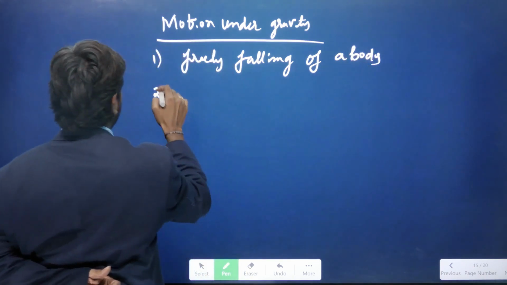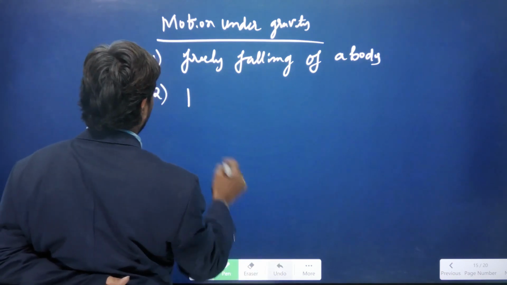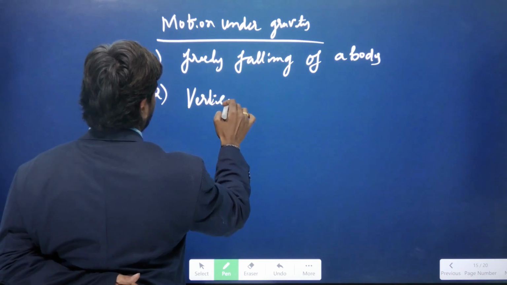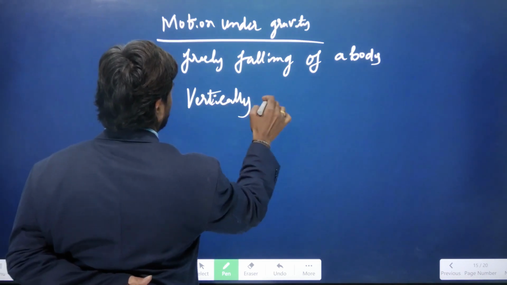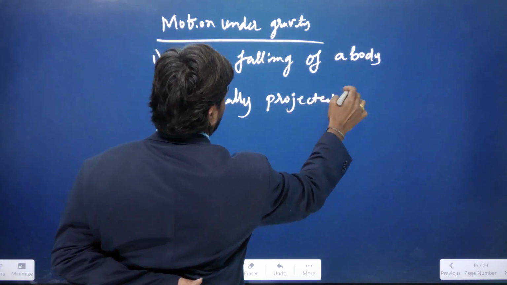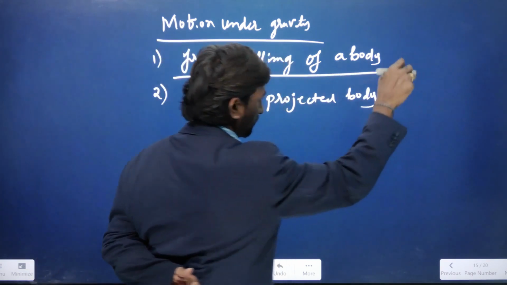And the second one is the vertically projected body. Freely falling means a body is dropped from a certain height.